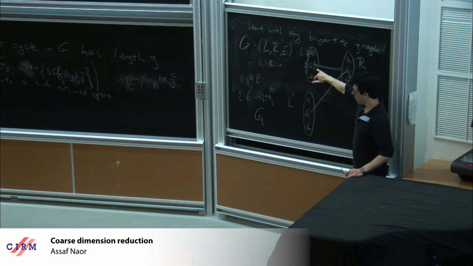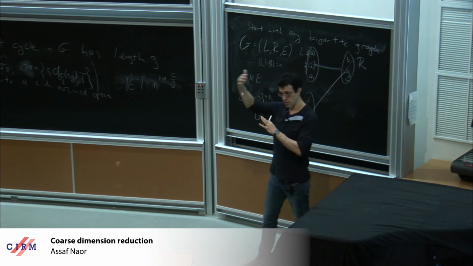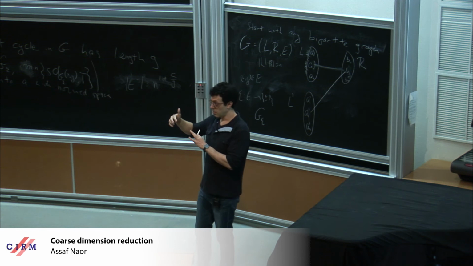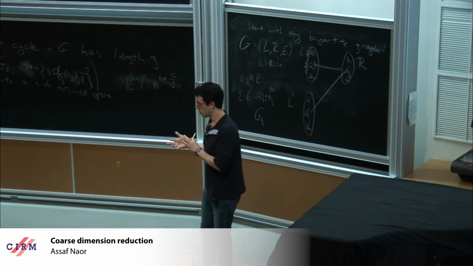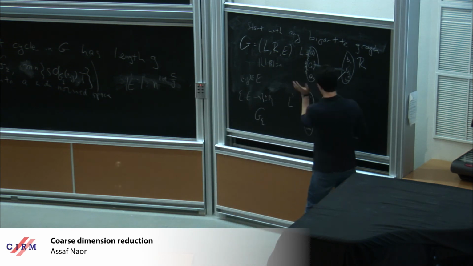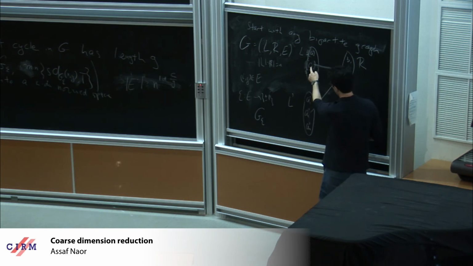And you make two observations. One of them is that I changed the geometry in this randomness, but one thing is clear: I did not introduce any cycles. So what is the distance in the initial graph between a_i and a_i prime? Let's look at the shortest path from a_i to a_i prime.